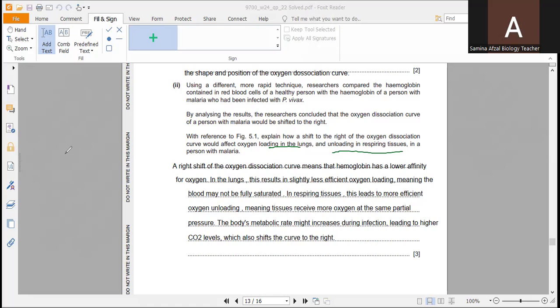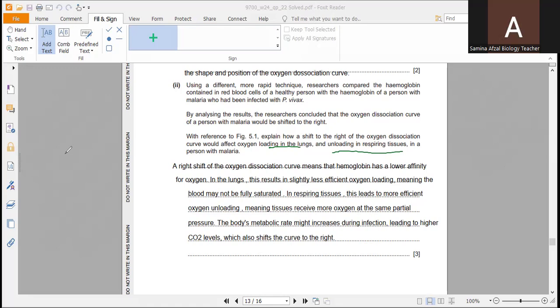The right shift of this curve means that hemoglobin has a lower affinity for oxygen. You can see in figure 5.1, the graph in which the oxygen dissociation curve has been shown. So this means more oxygen is released at a given partial pressure of oxygen. It takes a higher partial pressure of oxygen to achieve the same level of hemoglobin saturation.